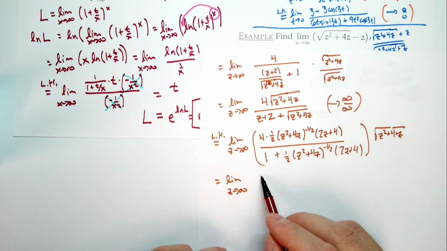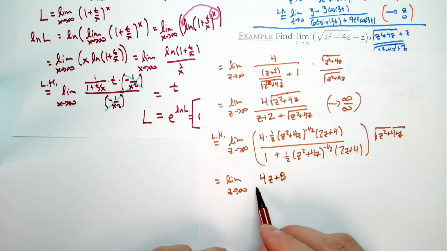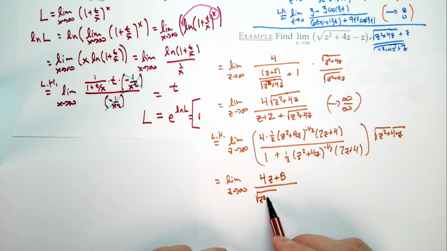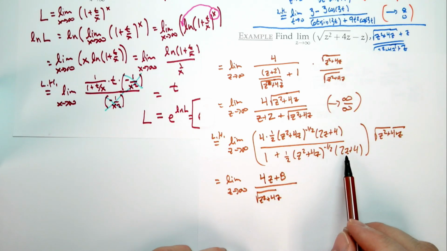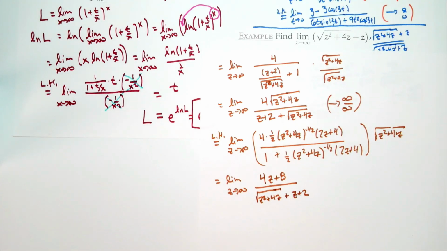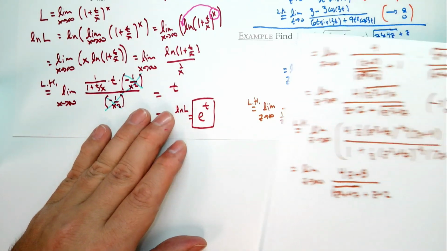So that is going to give us 4 times z plus 8 over, downstairs, the square root of what? Z squared plus 4z. And then, what do we have? Well, this a half times 2z plus 4 is plus z plus 2. Huh. Okay. Well, I guess we're making progress.